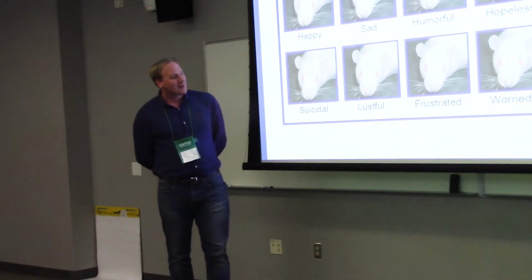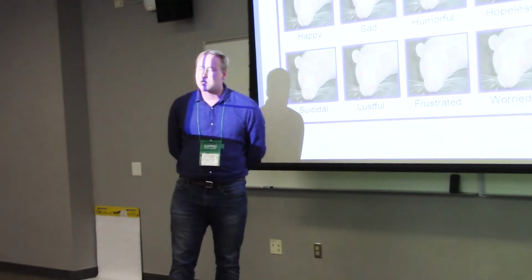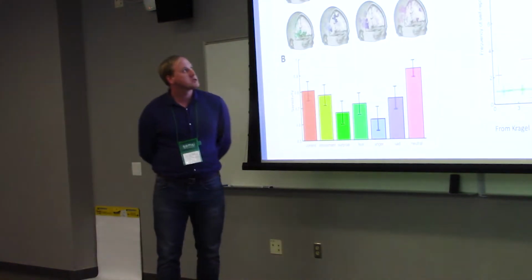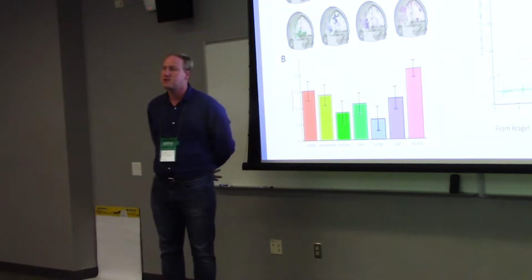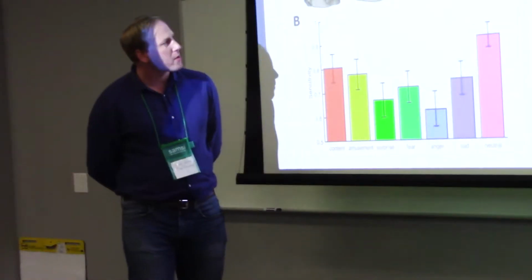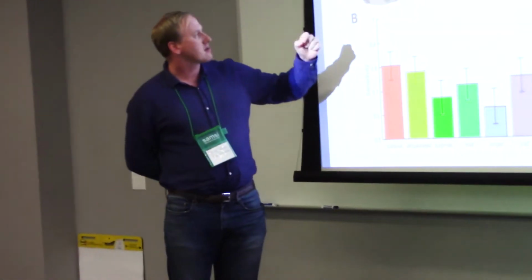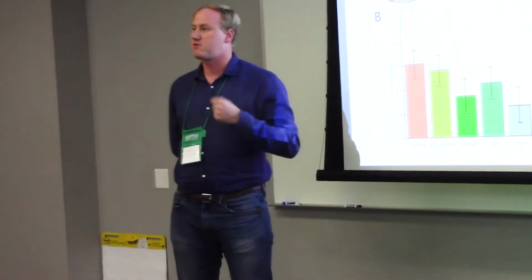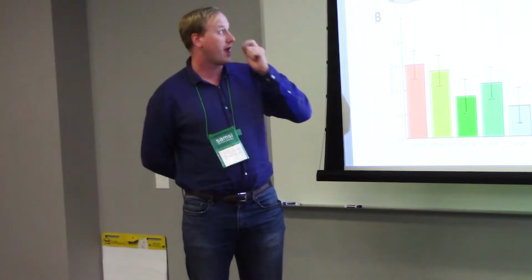Well, this seems like a pretty big issue, but there's actually been a lot of recent work which has started to view emotions as latent networks in the brain. This was a study from another lab, where they took fMRI images and asked people to self-assess whether they were feeling content, amusement, surprise, fear, or anger.